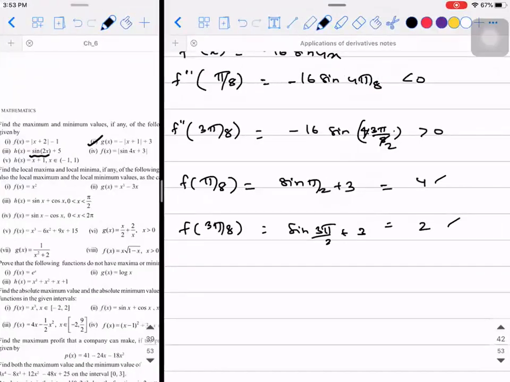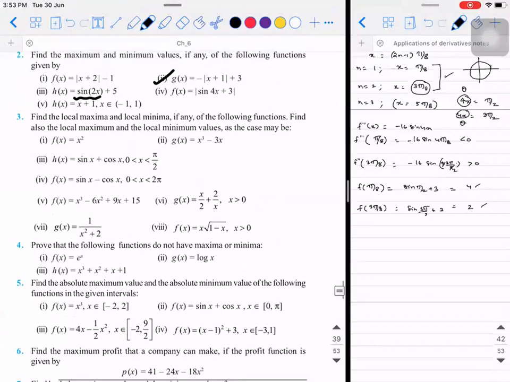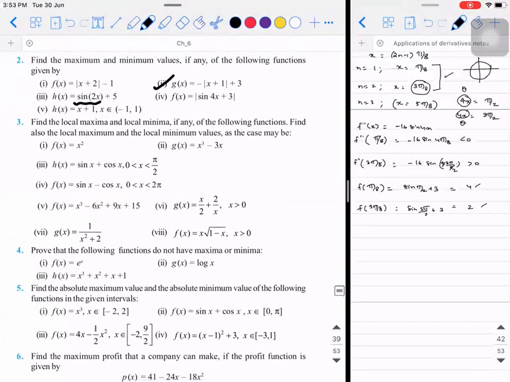Right. So from here, let us do only problems which will create trouble. The algebraic questions, I'm leaving it to you because I believe you people can do it. I will concentrate only on the problems based on trigonometry. So these two, you can take as homework. Find the local maxima and local minima, if any, of the following functions.